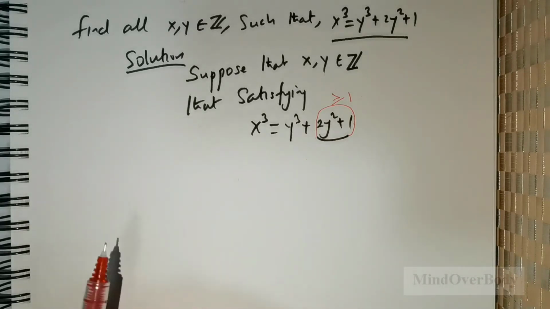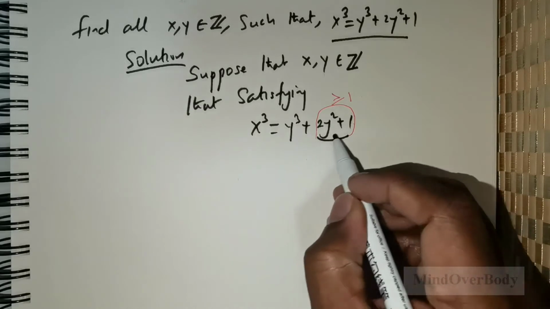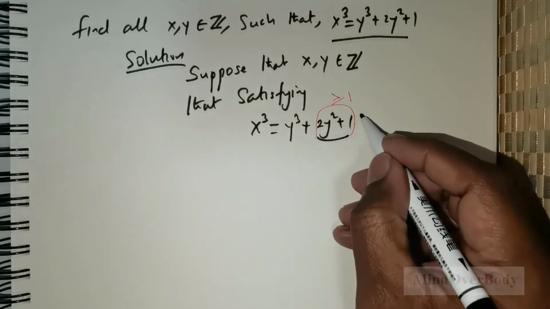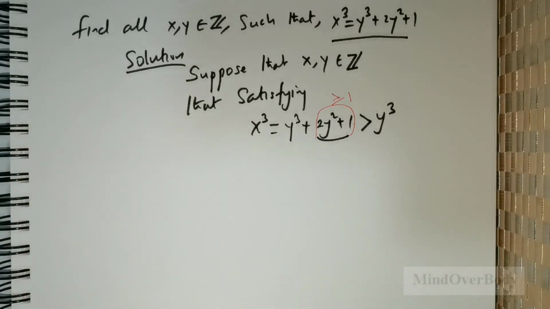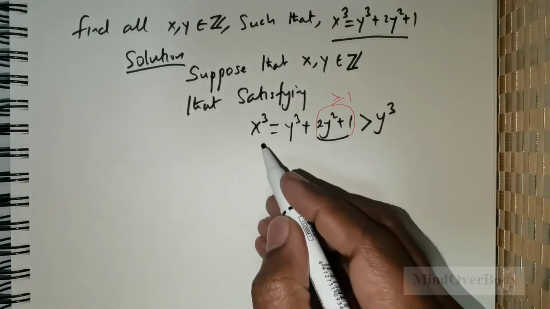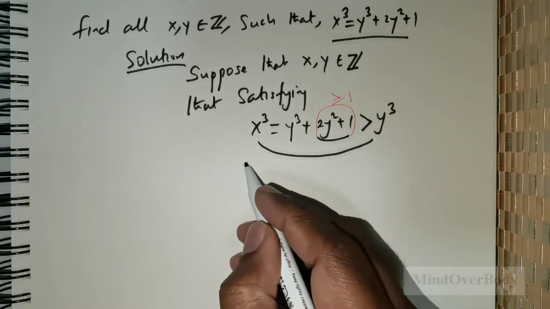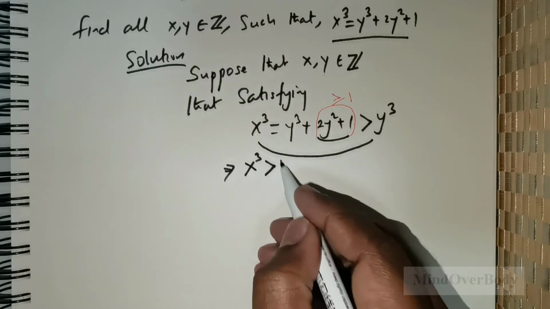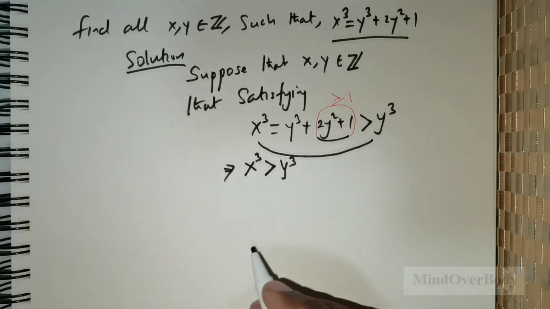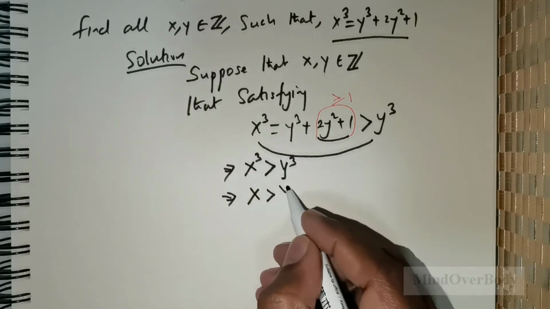So for sure this entire quantity, y cubed plus 2y squared plus 1, should be strictly greater than y cubed. Now connecting x cubed with y cubed, clearly x cubed is strictly greater than y cubed. This implies that x is strictly greater than y.